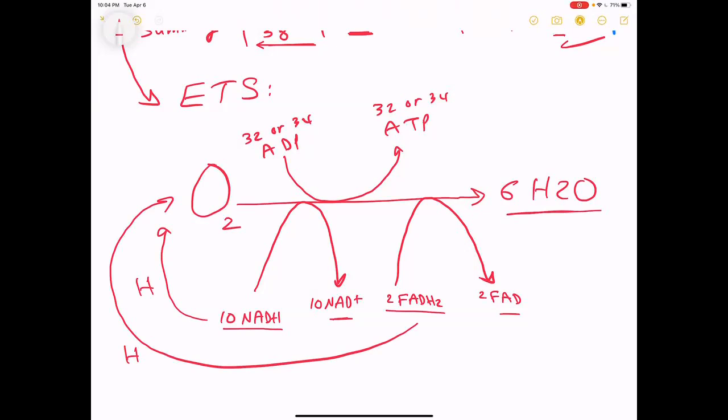Look how I said it. Why? Because it is oxidizing NADH and oxidizing FADH2. So oxygen is gaining hydrogen, becoming reduced. So oxygen is the final destination for the electrons. I will repeat, oxygen is the final destination for those electrons.